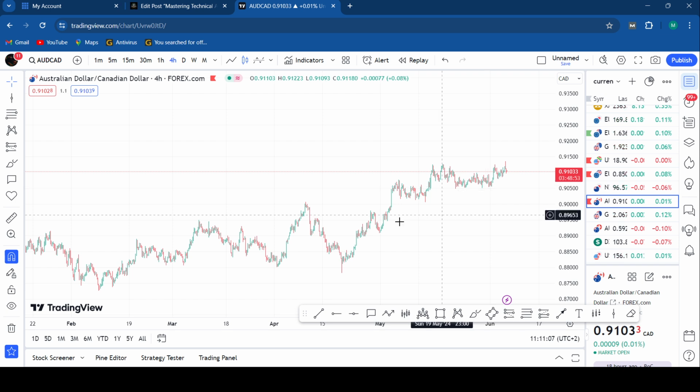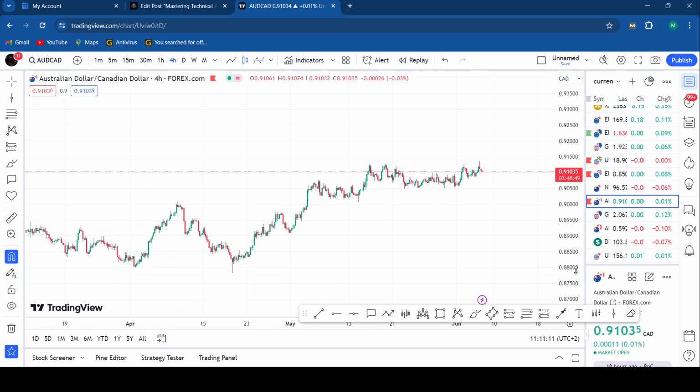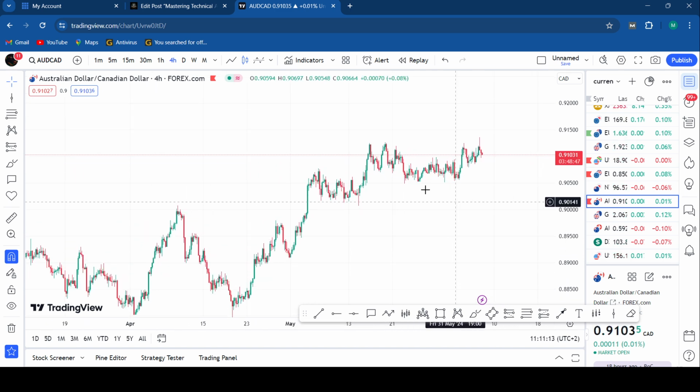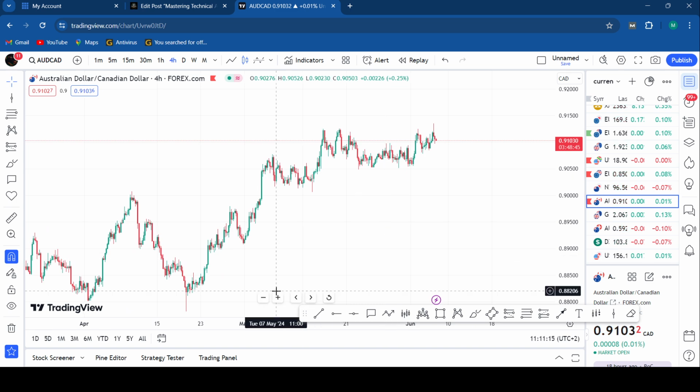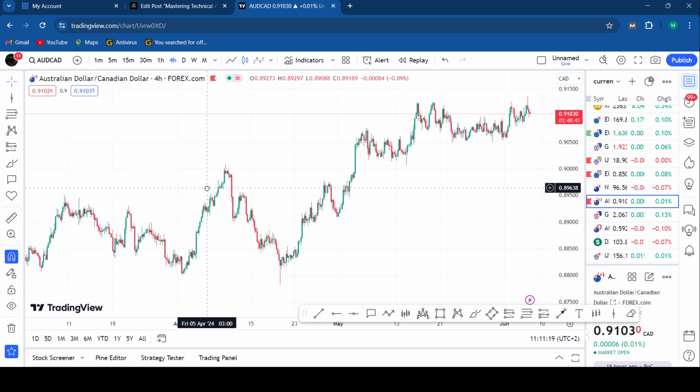I'll show you this later. I just don't want the time to overlap, because I need to keep it within a specific time frame. So anyways, let's just cover impulse and correction, then I'll cover that in a separate course, guys.